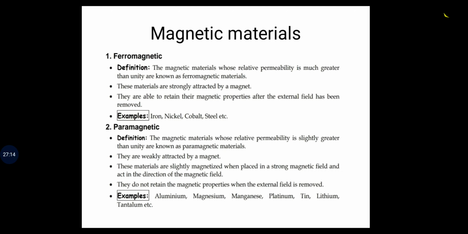Examples for paramagnetic materials are aluminum, magnesium, manganese, platinum, tin, lithium and tantalum. What are the examples?